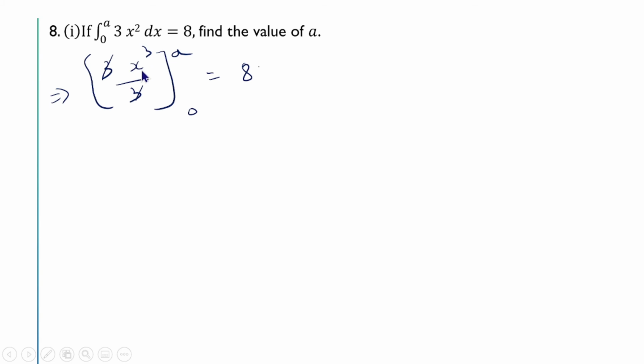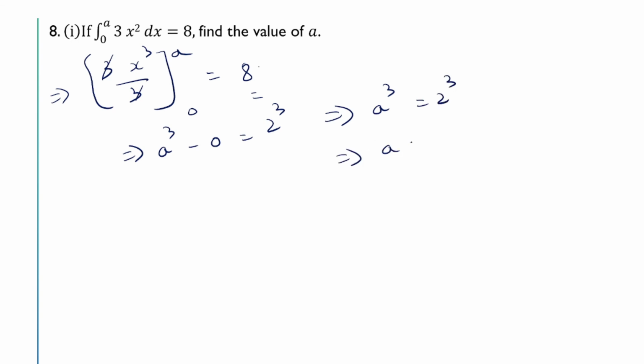Now we can substitute the upper limit. It is a cube minus the lower limit 0. So it is a cube minus 0, which is equal to 8. It is 2 cube. So a cube is equal to 2 cube implies a is equal to 2.